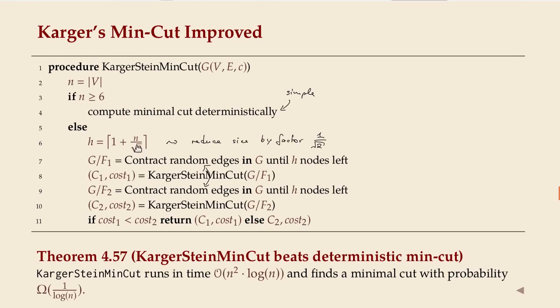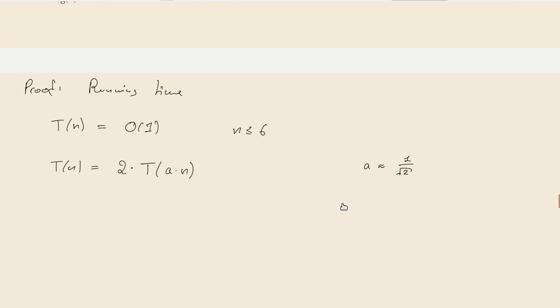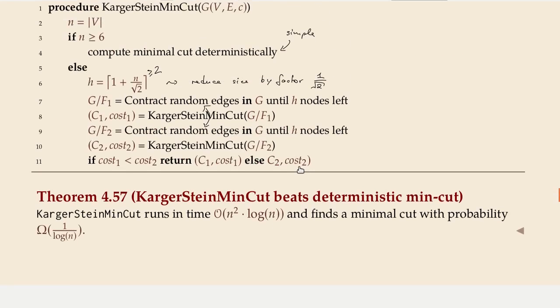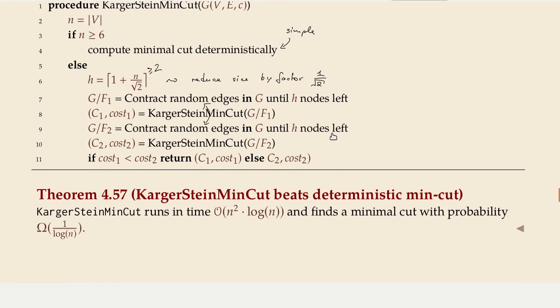The deviation here is that we add 1 so that this is never just 0. It wouldn't be 0 anyway, so it's never 1, so we make sure that this is always greater or equal to 2, which makes sense because we don't want our graph to be contracted down to a single node, then we don't have any cut left. But essentially what we do is we reduce the graph size by this factor, and what we pay for that is that we contract the graphs.